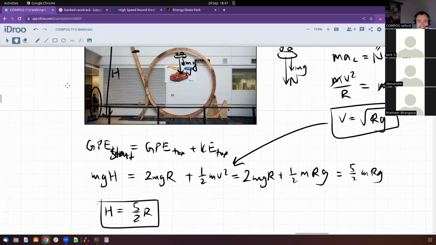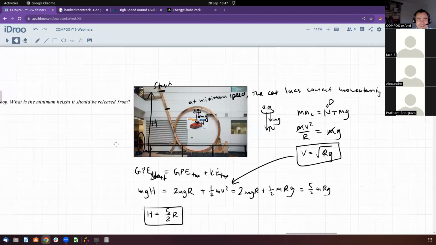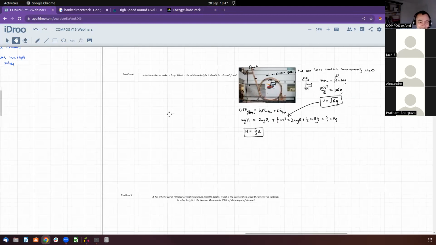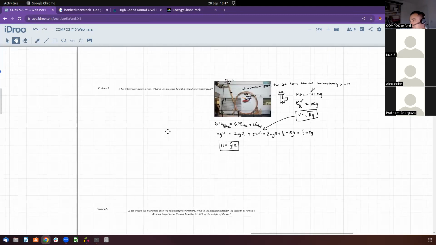Right, so that is an interesting feature. This is a very popular question. They really like to ask this question in university interviews. But how can we find where on the loop the dog falls off?